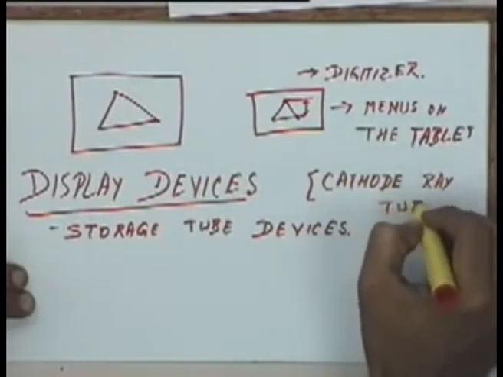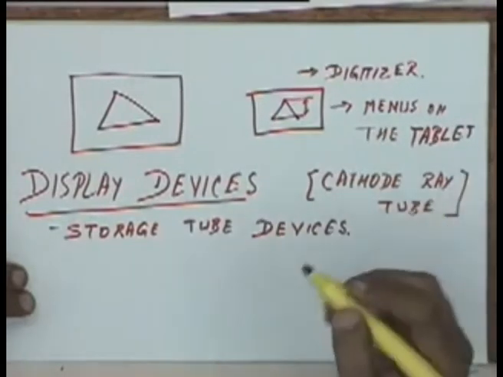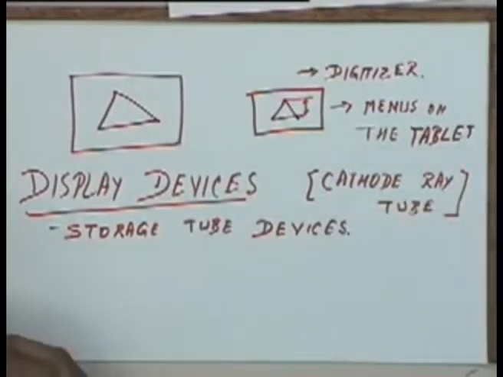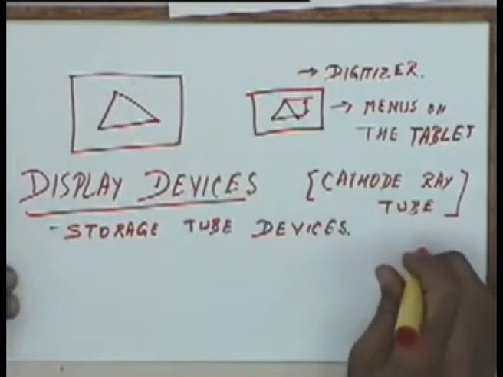Most of the display devices used these days are variations of cathode ray tubes. Are you aware of what a cathode ray tube is? Are you aware of its functioning, how it works?